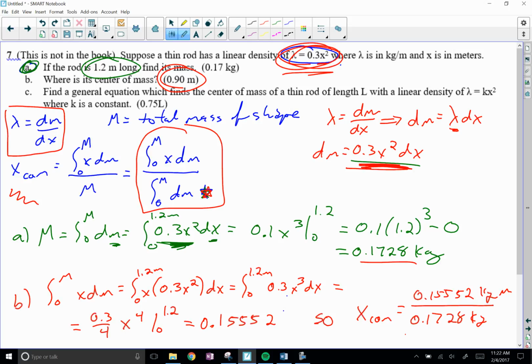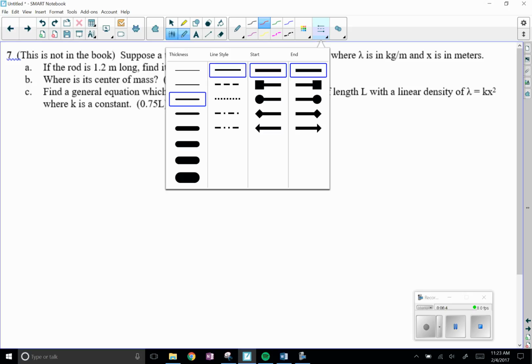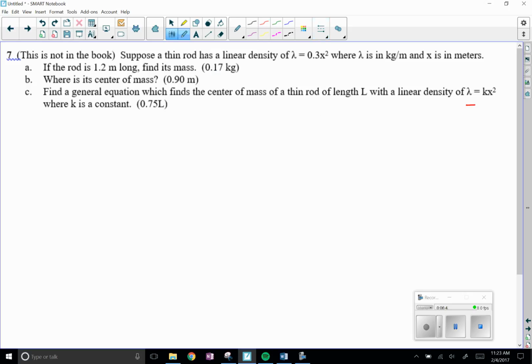So finally, part C. Let me clear up the screen here a little bit. Now we're basically going to go back and do the same thing again, but we're replacing the 0.3x squared with just kx squared.